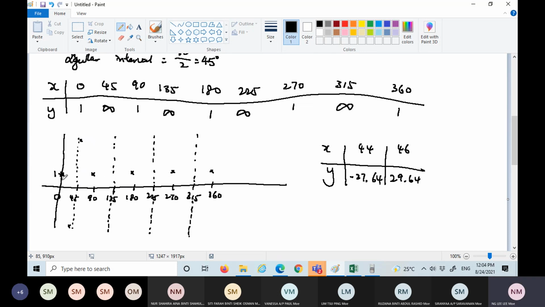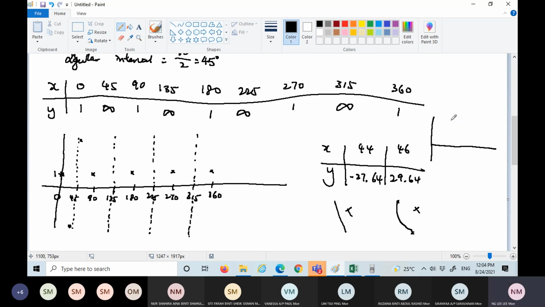Okay, then how is your shape of the graph? You have 1 point here, you have 1 point here. How are you going to draw the graph? You're going to draw straight line? This way? No. Will you draw this way? 1 point here, 1 point here. This way? Cannot also. This is because you have to know what is the original tangent graph.